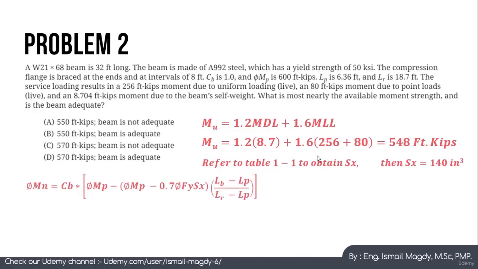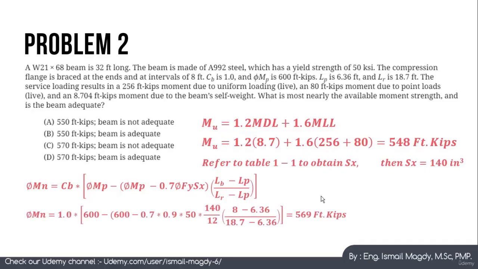So we can directly now use this equation, which is phi Mn equals Cb multiplied by phi Mp minus, phi Mp minus 0.7 phi Fy Sx, all multiplied by Lb minus Lp over Lr minus Lp. Cb equals 1.